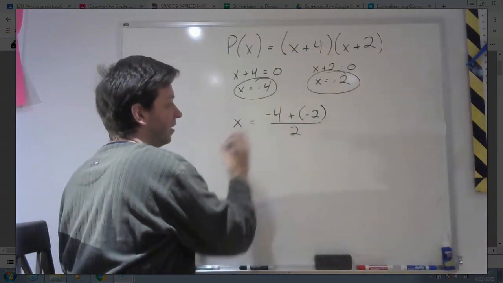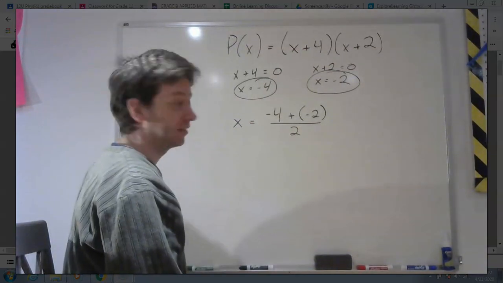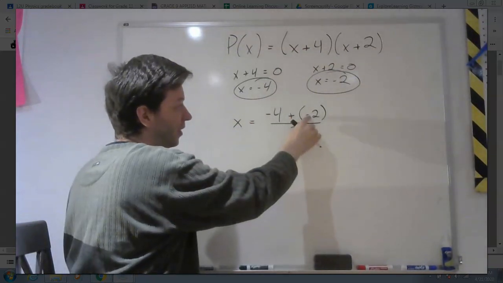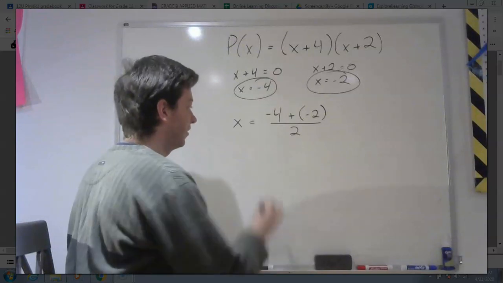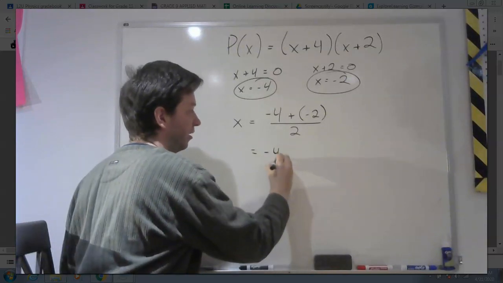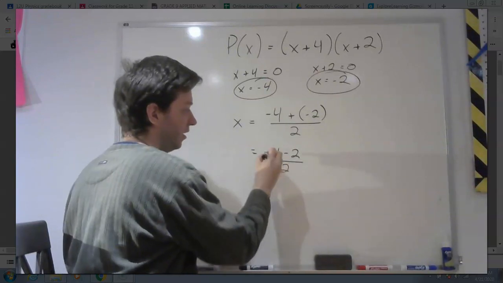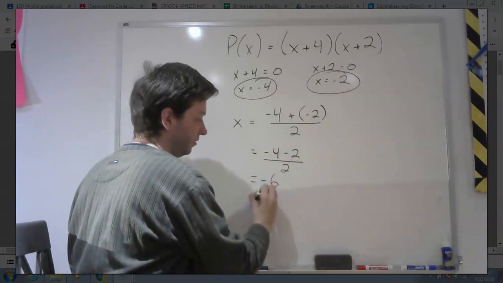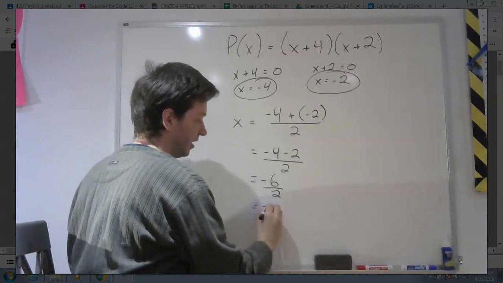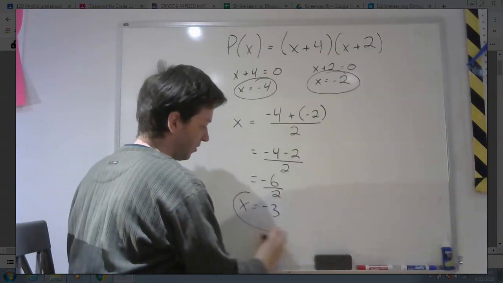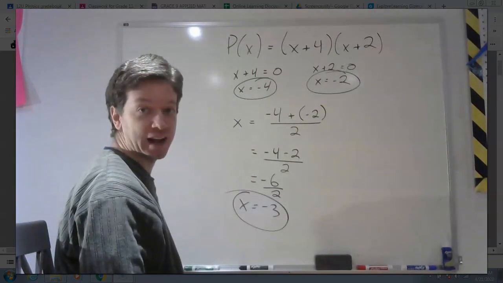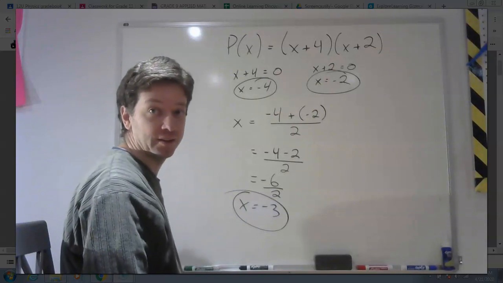And that will be where our axis of symmetry is. Now positive and a negative give you a negative. So we have (-4 - 2)/2. That gives us -6/2, or -3. So our axis of symmetry is at x = -3.